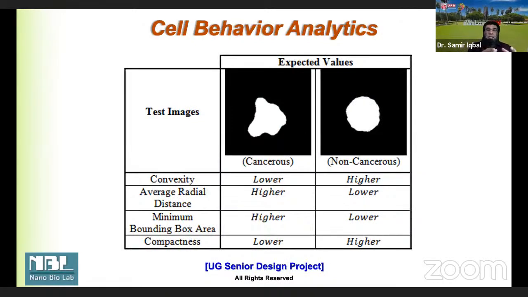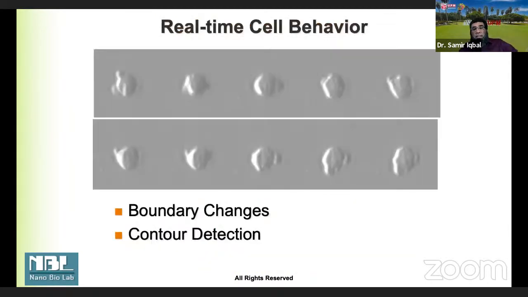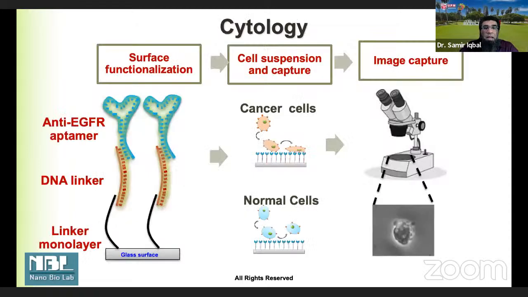So these differences can be termed in terms of the radial distance, the average area that they are covering. It can be the boxing of the cell and looking at the area of that box. So a bunch of those. What we did, we took them and we made an AI system.